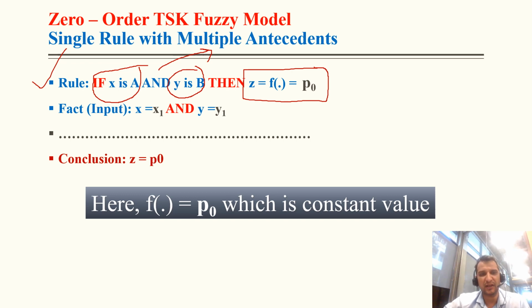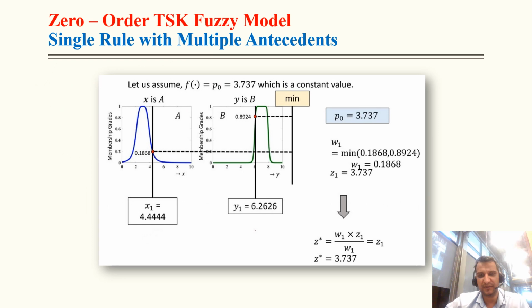Now we want to calculate the output when x is equal to x1 and y is equal to y1. For this case, what will be our output? So let us take an example. If x1 is equal to 4.444 and y1 is this.